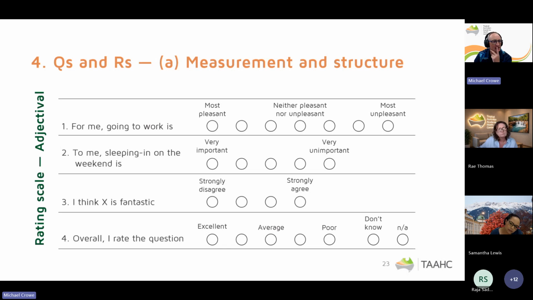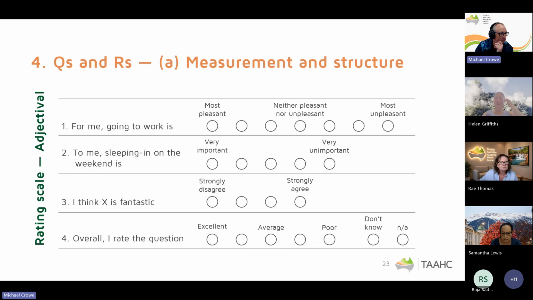One thing on these is whether it has a middle point or not. So this one here has a middle point. This one here has a middle point. This one here doesn't have a middle point. And this one does have a middle point.